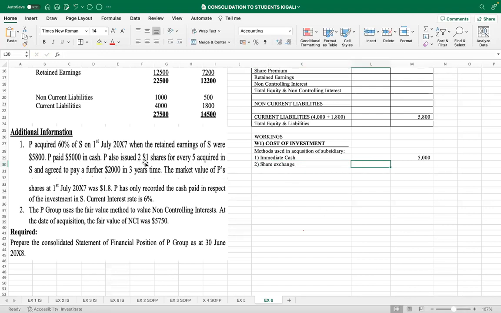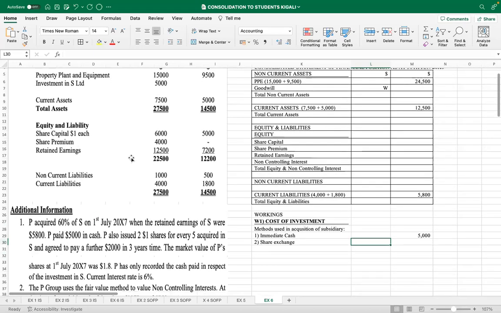P also issued 2 $1 shares for every 5 shares acquired in S. So if you have not been given the shares acquired, you go to the share capital of S. The share capital of S is 5,000, and the value of each share is $1. So you take 5,000 and divide by $1. That gives you 5,000 shares.